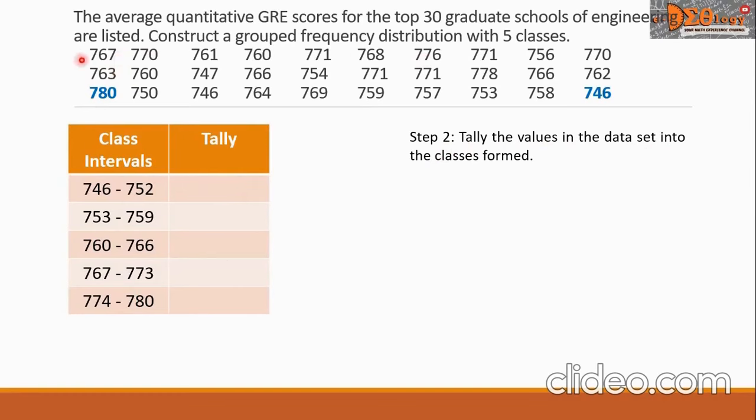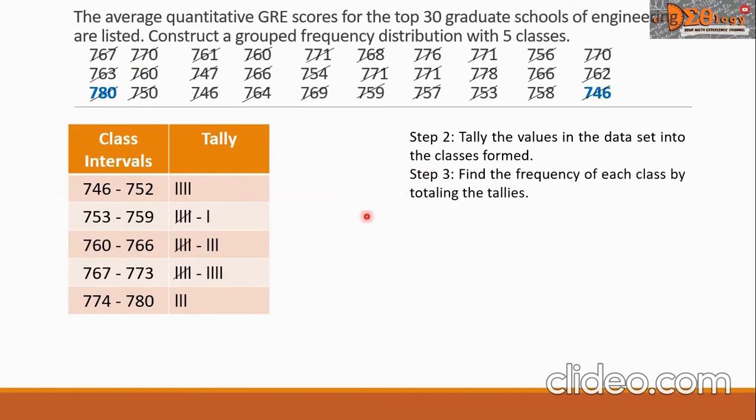Let's begin with the first number, the 767. And this number belongs to this group. We will strike that number and put a tally corresponding to that datum. Next, the 770 also belongs to this group. So we will go through each of the data. So this is now our complete tally list.